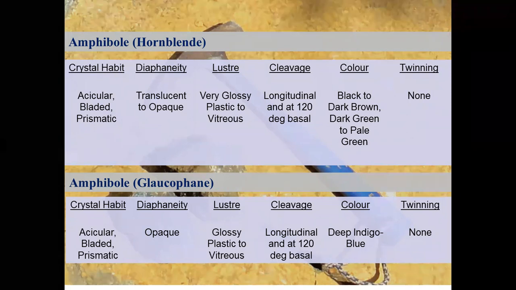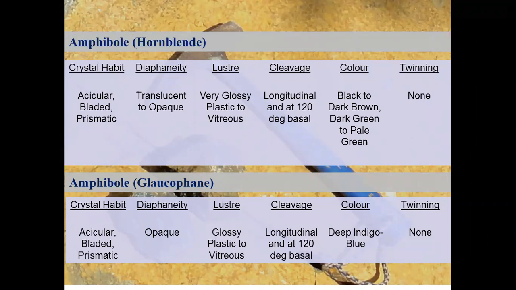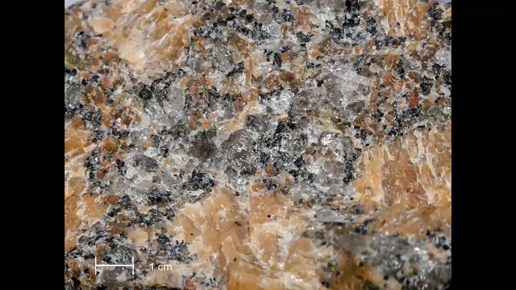So we have now covered 2 of those dark minerals, and as I say, those 2 that we've covered are a significant component of many igneous rocks. The last group of dark minerals I'm covering tonight are the minerals that are more common in the more felsic rocks.